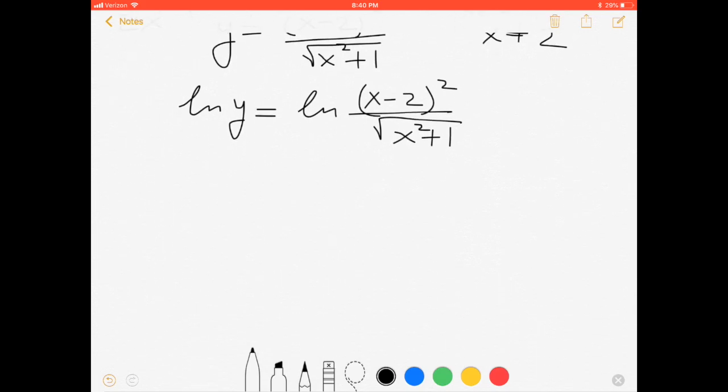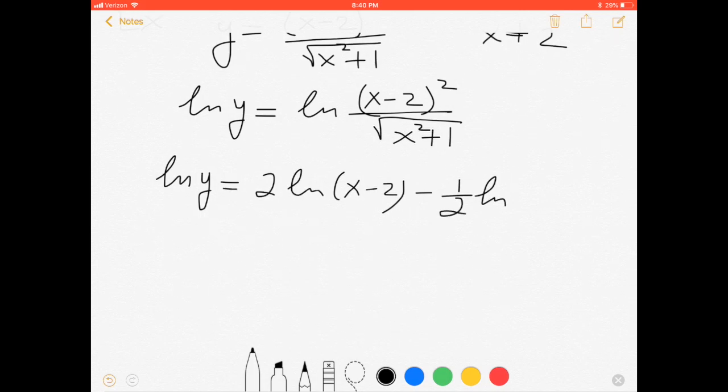Using the property of the logarithmic function, we can write it as natural logarithm y equals twice natural logarithm of x minus 2 minus 1/2 natural logarithm of x squared plus 1.